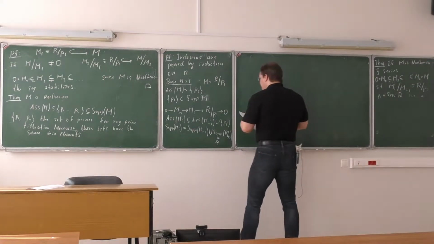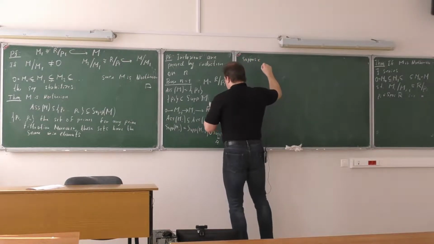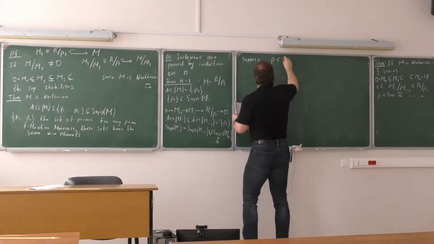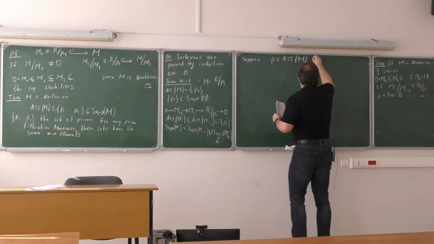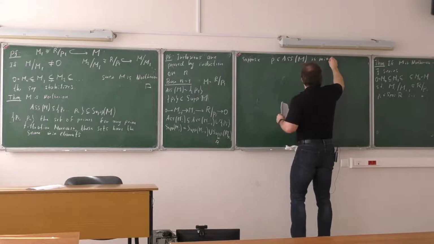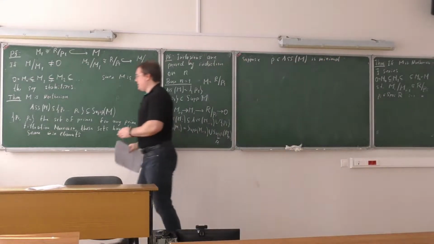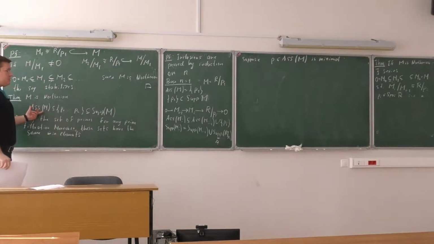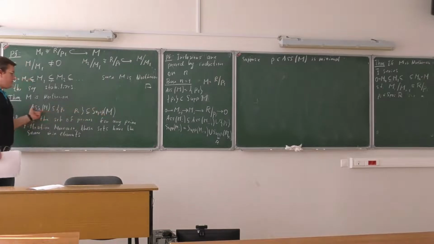Okay. Suppose I take P, which is associated to M, and this is minimal. Of course, I want to show that the set of associated primes and the support have the same minimal elements, because if I know this for these two sets, it will be true for the set in the middle.